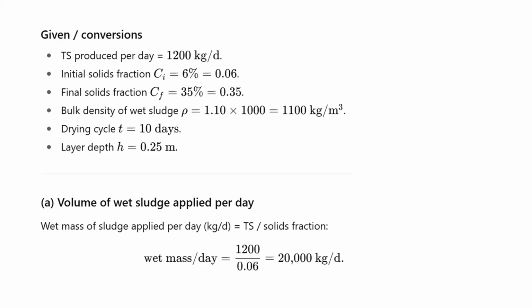So 200 by 1100, the answer will be 18.18 meter cube per day.